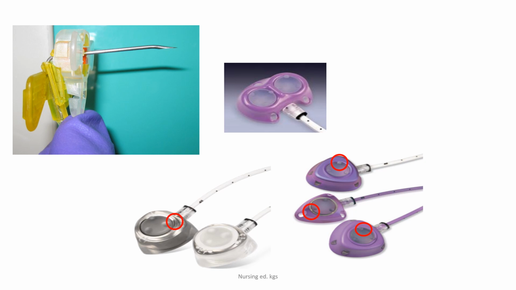The distal end of the catheter, when in place, is located at the junction of the superior vena cava and the right atrium. These ports can stay in place for 6 months or longer.